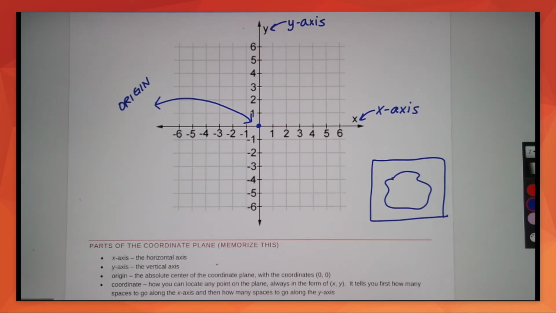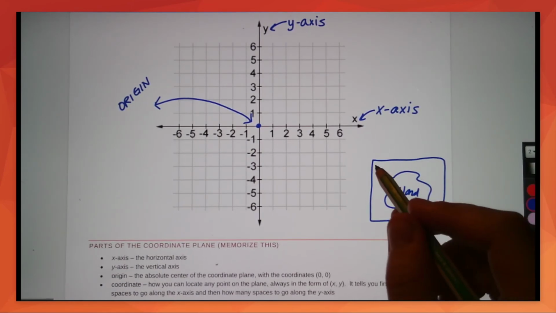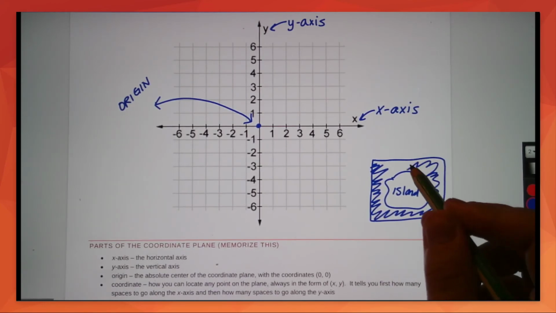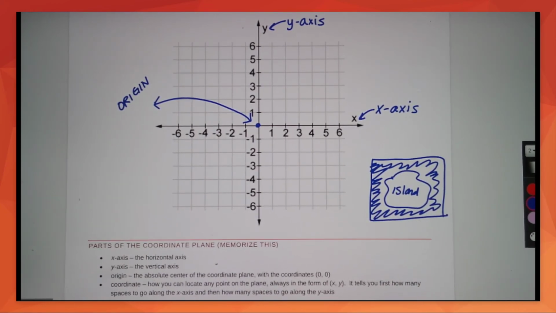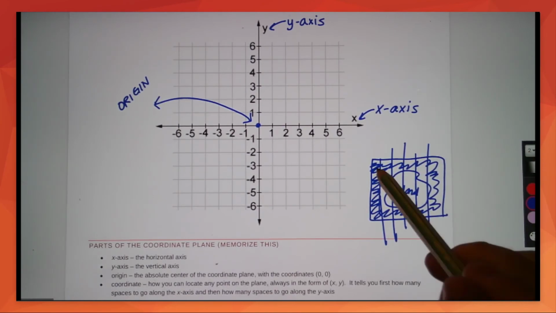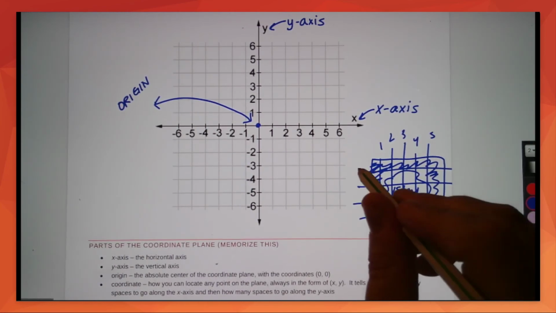I don't know what country this is, so we'll just say it's an island, and this is all the ocean surrounding the island. A map usually has horizontal and vertical lines that go across, numbered 1, 2, 3, 4, 5 this way, and 1, 2, 3, 4, 5 this way.